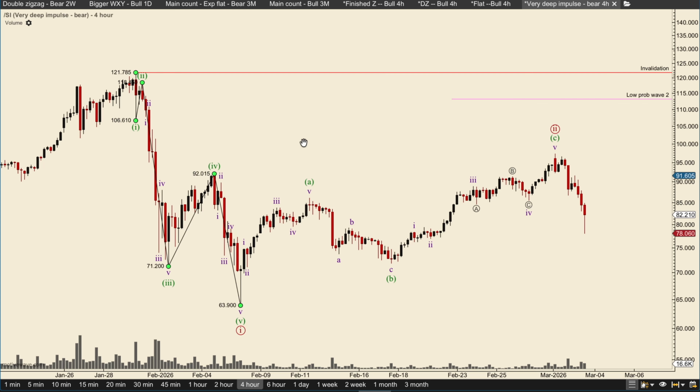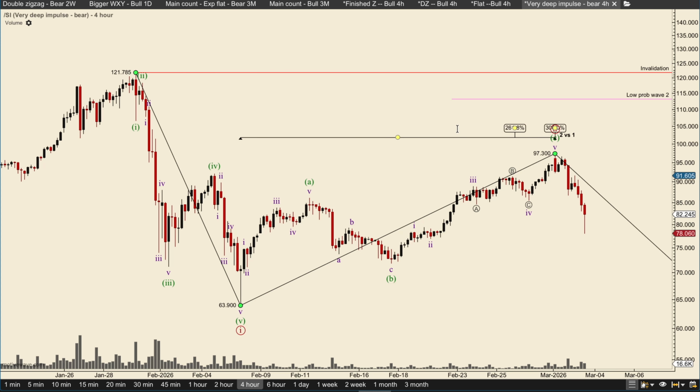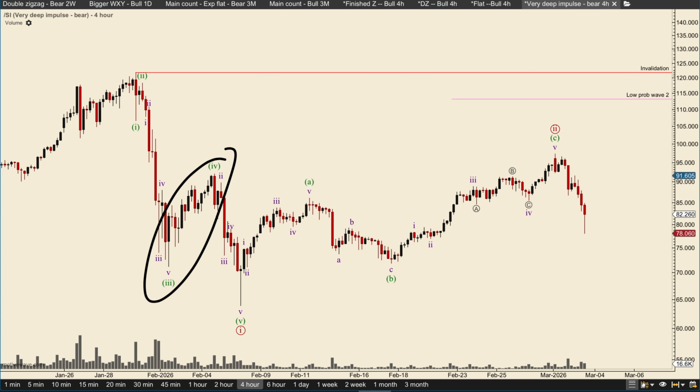It's never an invalidation, it's just a guideline. But you can see here that we hit over 6 fib time for wave 4, which is very uncommon for a wave 4, lowers the probability for this scenario. Wave 2 here is perfectly fine at 3 fib time exactly. So it is only the time issue here and proportions that are lowering the probabilities for this scenario.